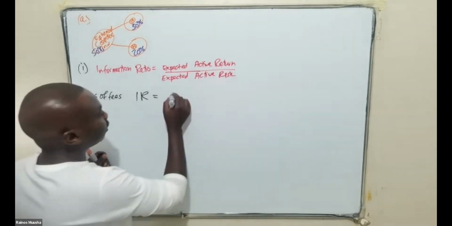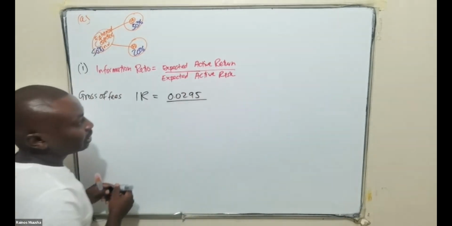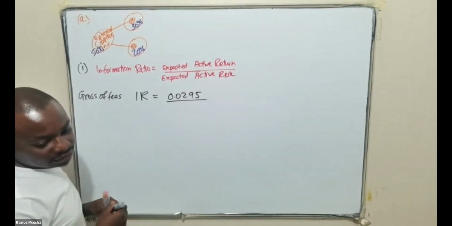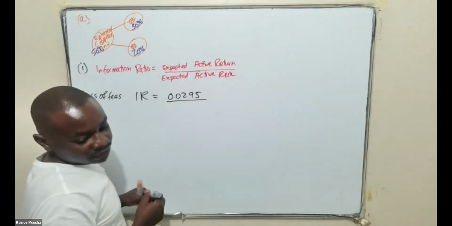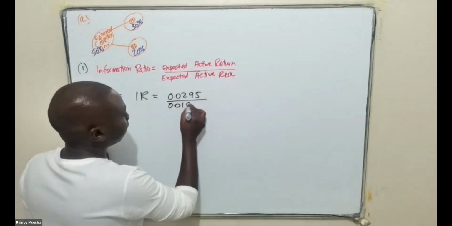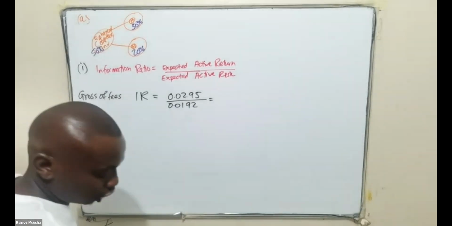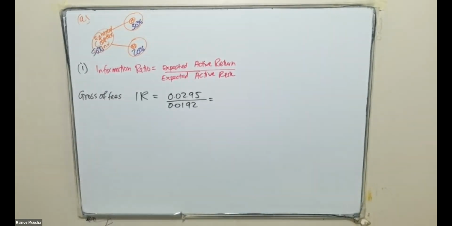As a decimal, it will be 0.0295 divided by the expected active risk of 1.92%, so as a decimal, it's 0.0192. How much is going to be the information ratio before we take into account the fees?